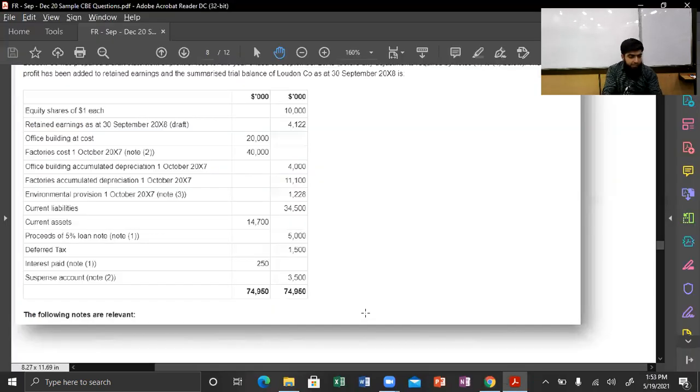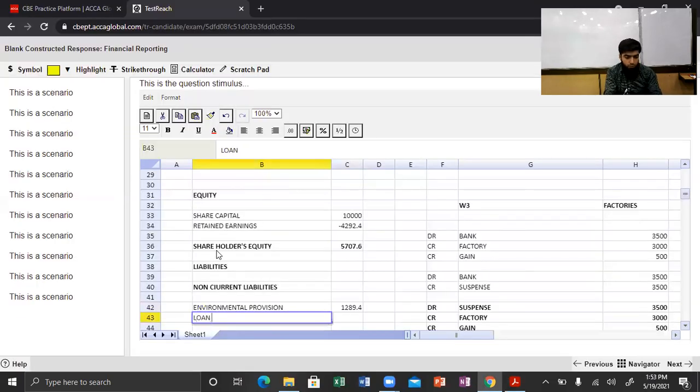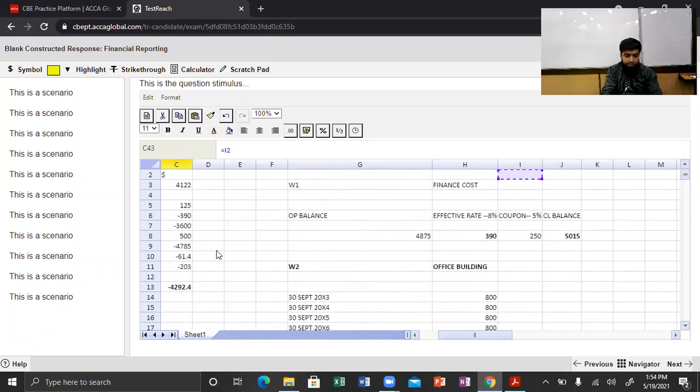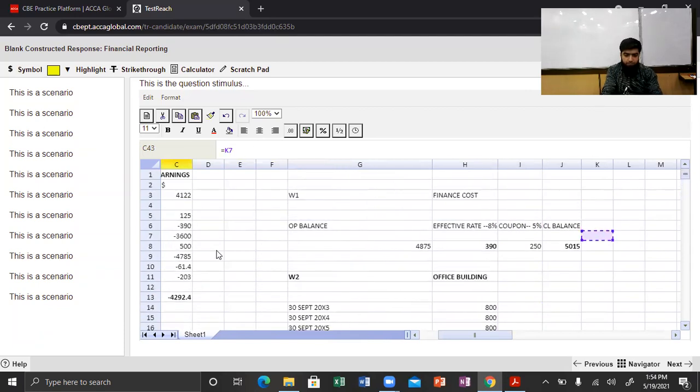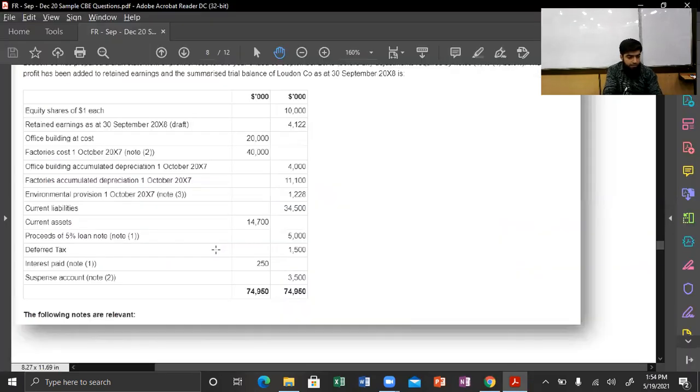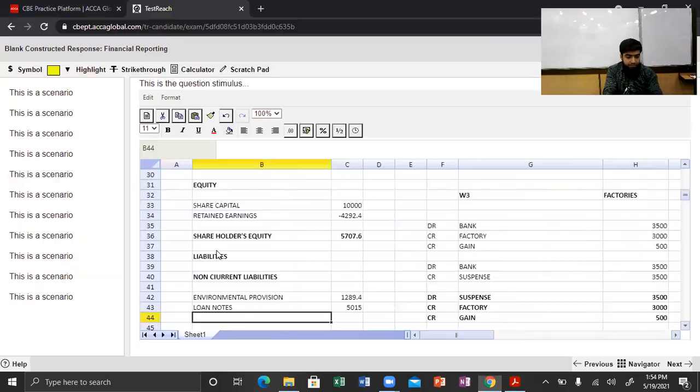And is there any other non-current liability? That is the loan notes. The loan note figure that should be reported in the balance sheet, we have already calculated, and we have made a short table for that. That is 5015. And is there any other liability? Yes, deferred tax liability.